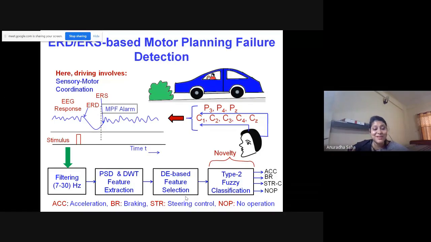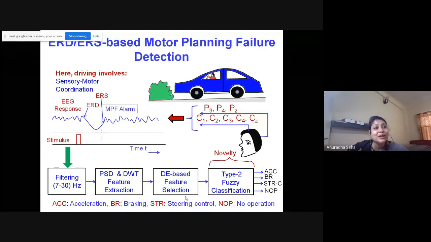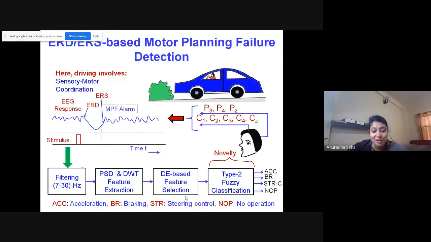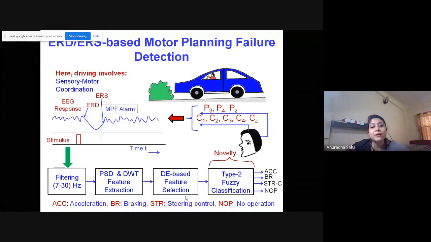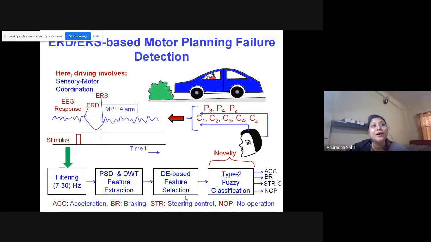No operation means moving the car, and acceleration means I need to raise the speed of the car. So there may be features that point to more than one class, and there lies the sense of misclassification.